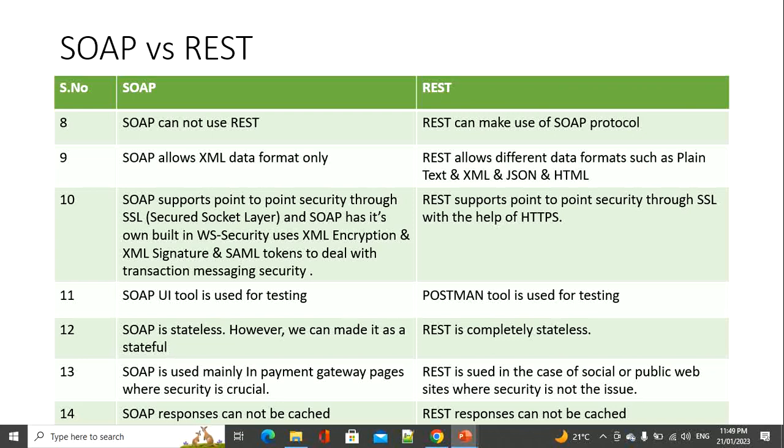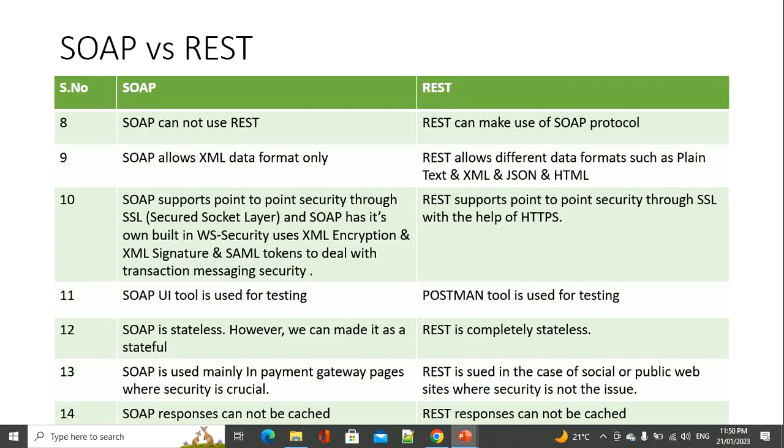Not only that, once the request reaches the server, from that point also, SOAP internally maintains its own security, that is WS security. That particular WS security uses XML encryption, XML signatures, and SAML tokens to deal with this transaction-based messaging security.